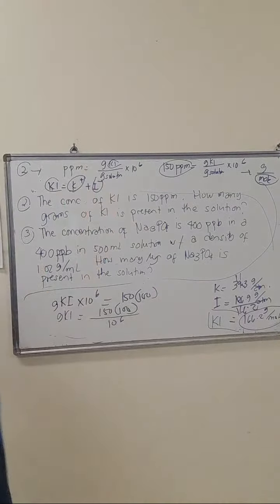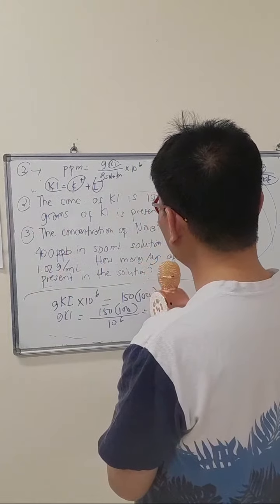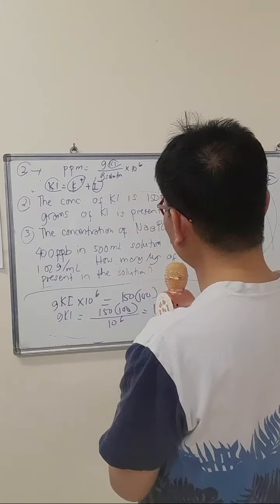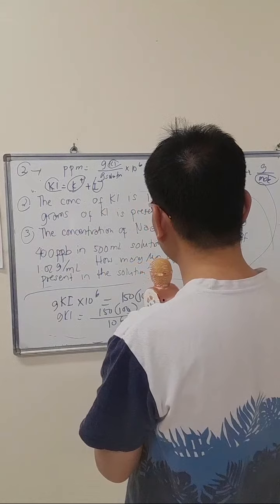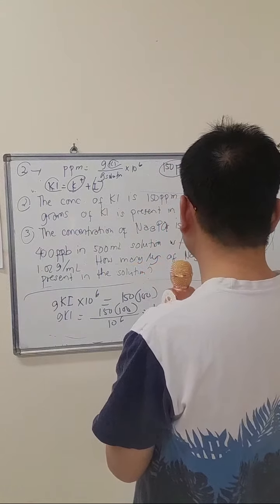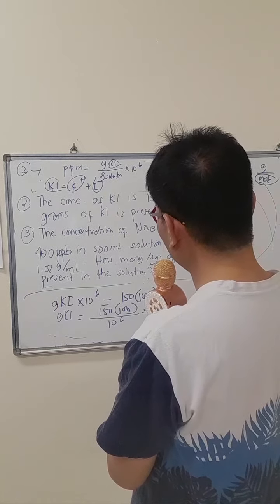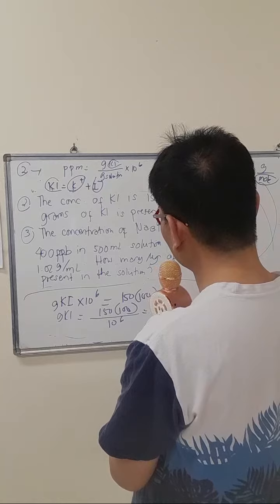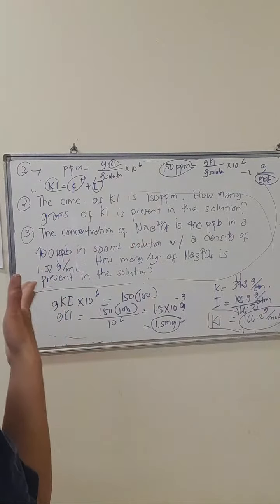It looks very small, huh? 1.5 times 10 to the negative 3. That is grams. If you convert this to milligrams, 10 to the negative 3 grams is equal to 1.5 milligrams.